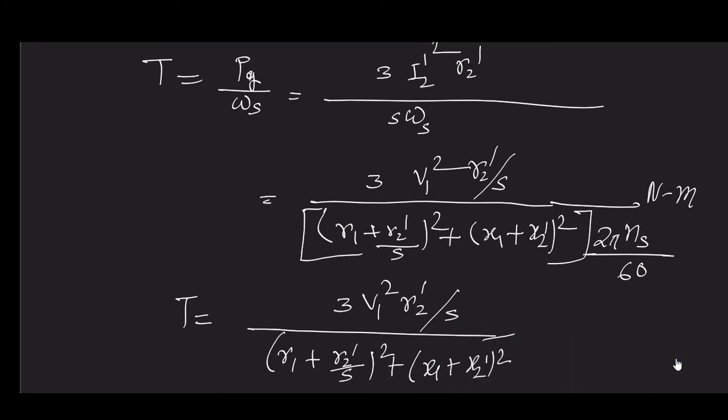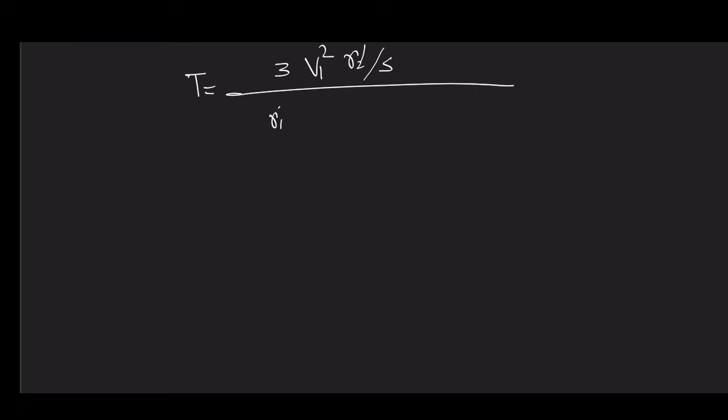With this expression, if we take it term by term, the only thing that is variable in this expression is s, and its presence both in numerator and in denominator.